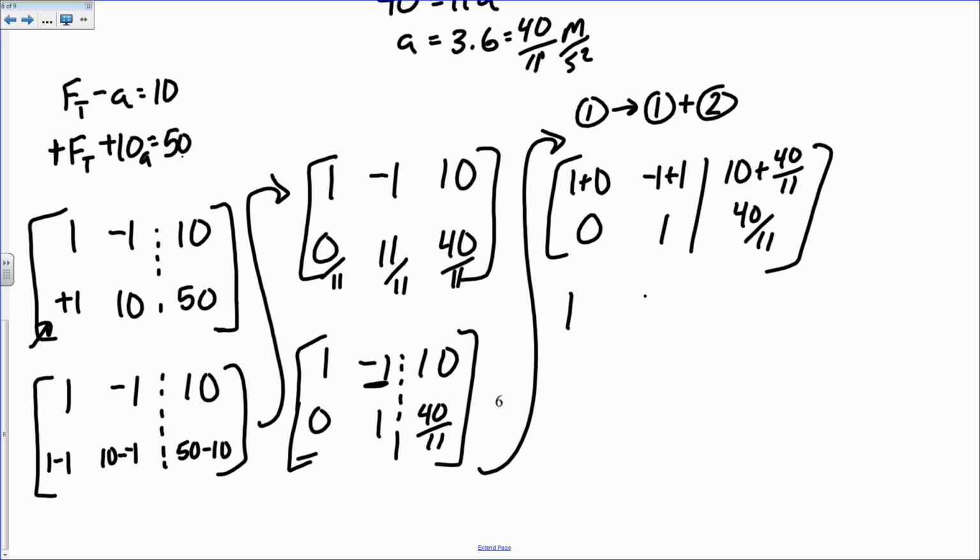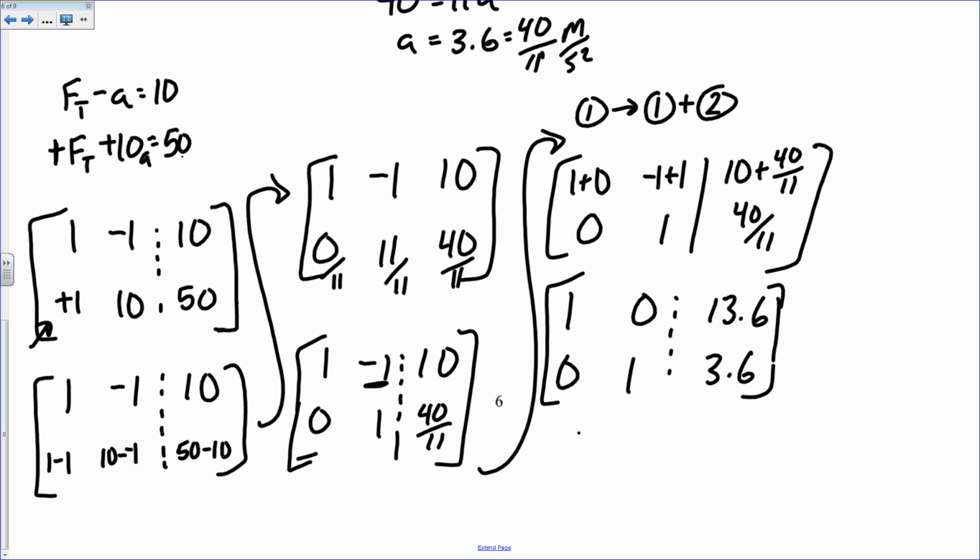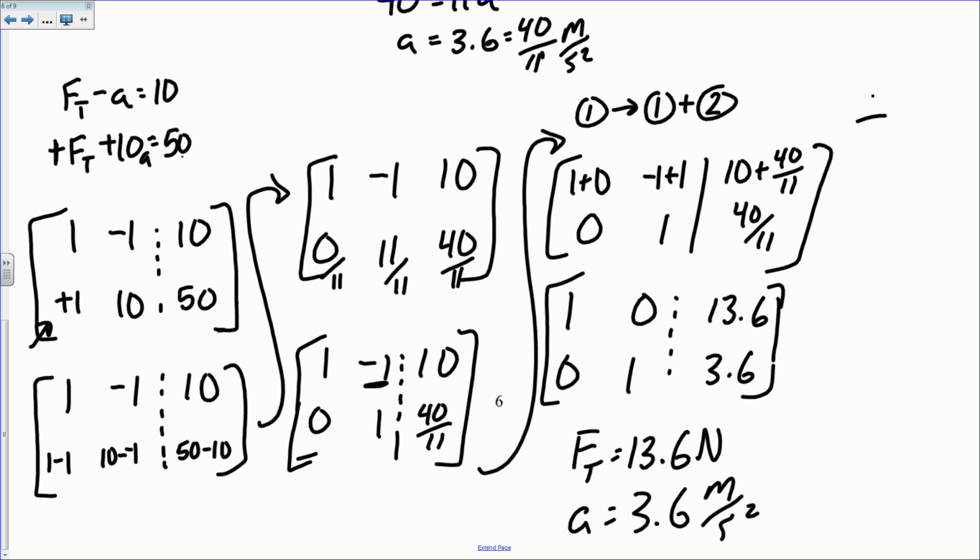So that's 1, 0, 10 plus 40 over 11, that's 13.6. That's going to be my ft, and then 0, 1, 3.6, that's my a. So from this matrix, it tells me that ft equals 13.6 newtons, and a equals 3.6 meters per second squared. If you got this right, it was a +3.